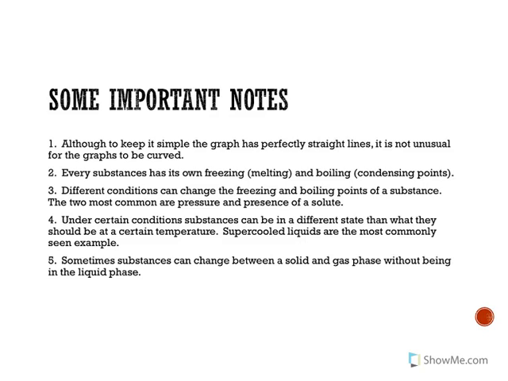And every substance has its own freezing, melting, or boiling and condensation points. If we're talking about the boiling point of alcohol, it is significantly lower than water. It's 80 degrees Celsius.